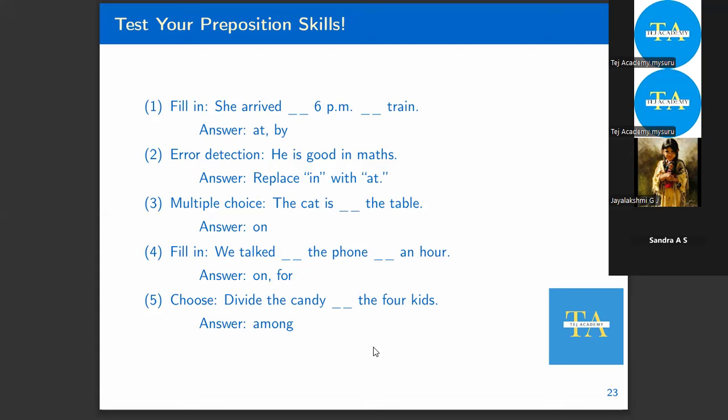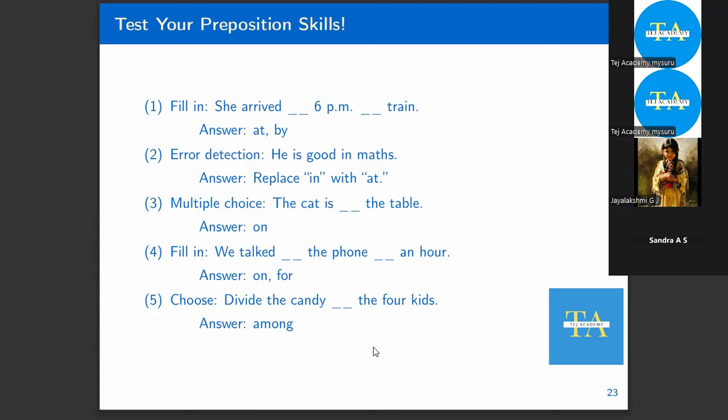Here we have a small test. She arrived at 6 p.m. by train. "By", as I told you, we use when we are speaking about some transportation facility, and "at" is for time. So: she arrived at 6 p.m. by train.